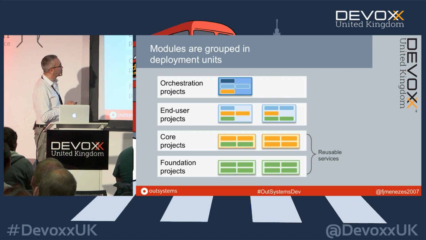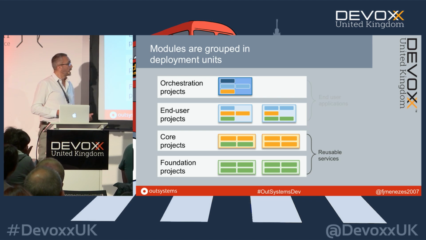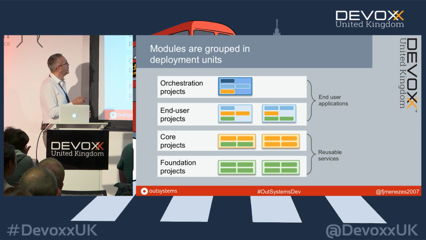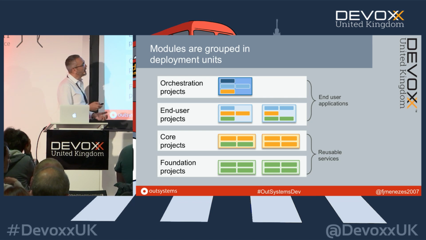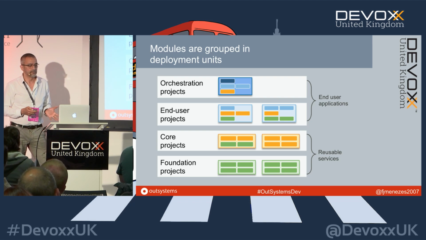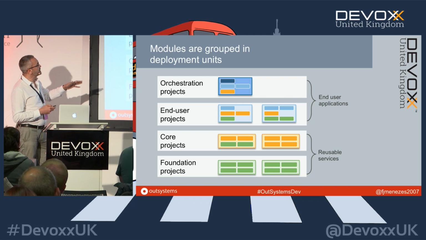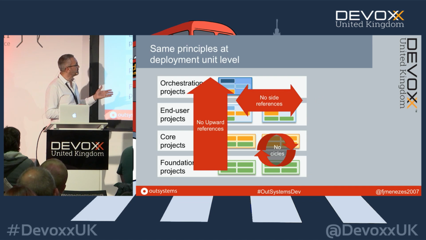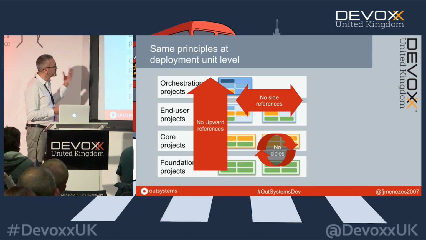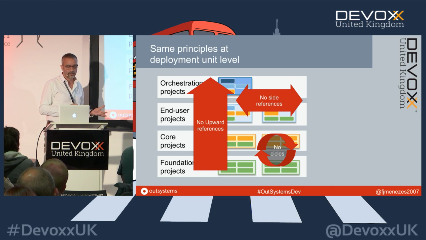So even core modules and foundation modules inside one of these projects, they are meant to be reused only inside the project, right? Okay, and the top layers, it's where you create end-user applications. The same rules apply at the deployment unit level, so you should not have upward references, no side references, and no cycles, okay?